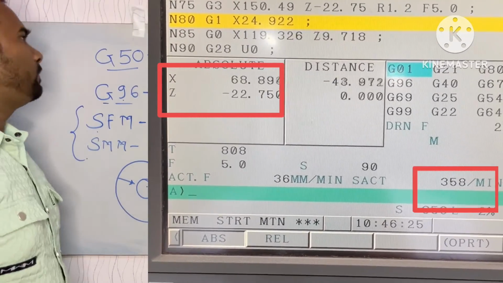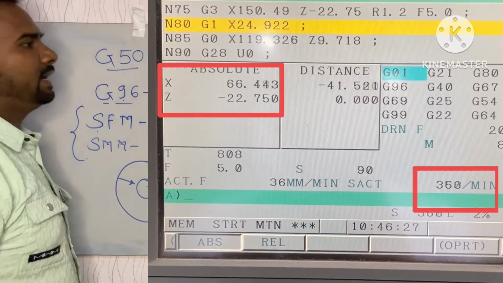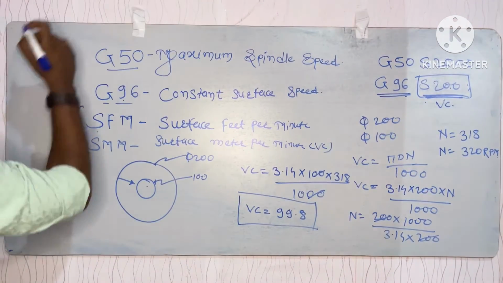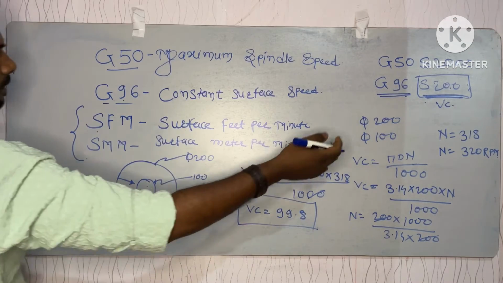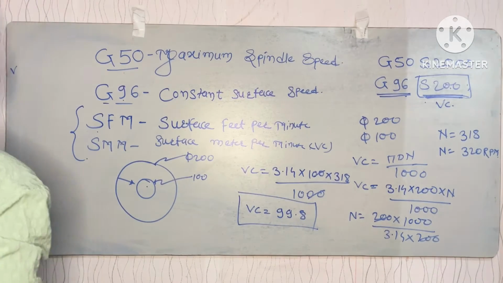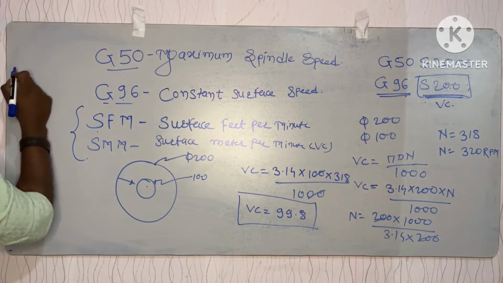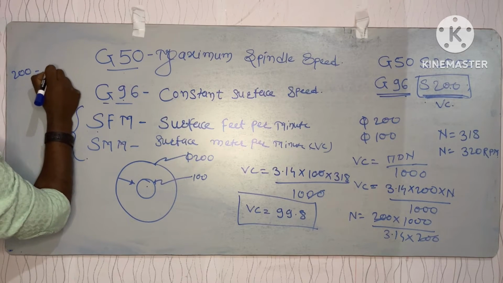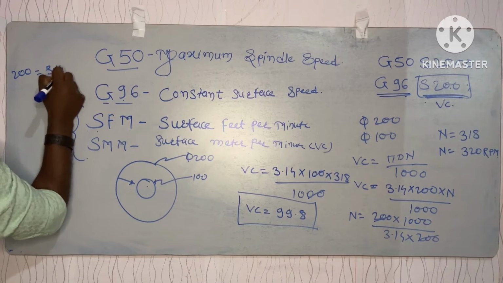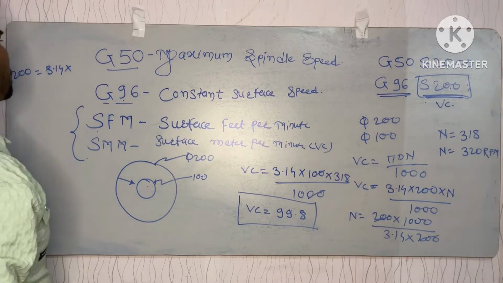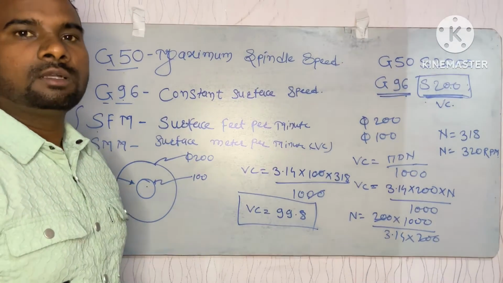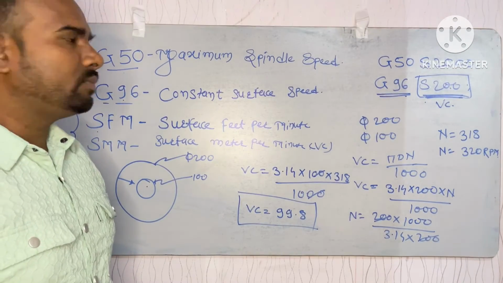If you do not input G50 to clamp the RPM, then, you know the formula of VC, VC is equal to pi dn by 1000. Now VC is 200, equal to pi, 3.14, into D. Suppose D is 0, just think that our cutter has come to the center point of our job.